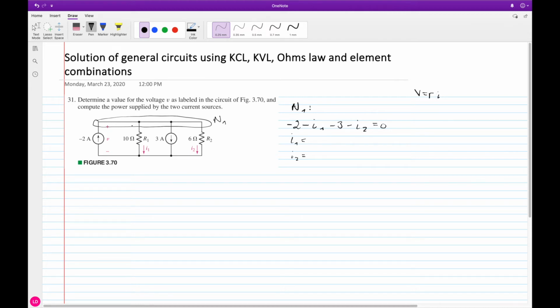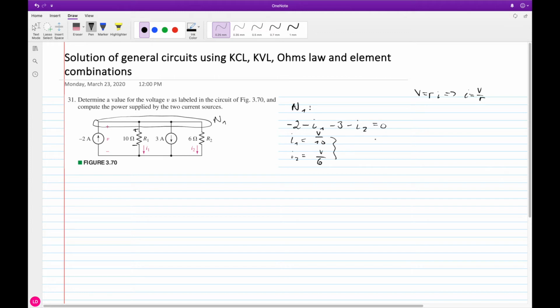Since I1 is going down, I can place here the signs of our resistor, and we notice that it coincides with this V, which means that the voltage we're going to use in here is also V. So if we isolate I, we get that I equals V over R, and we can say then that I1 is equal to V over 10, and I2 is V over 6.